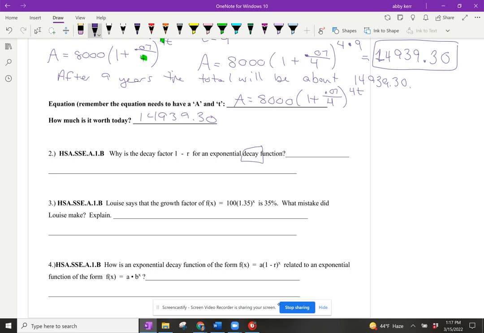So the decay means we are decreasing from 1, which is subtraction. So we're going to give a rate, and that rate is going to be subtracted from the whole.